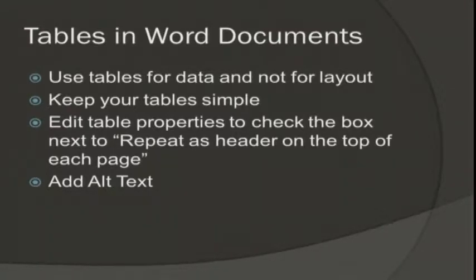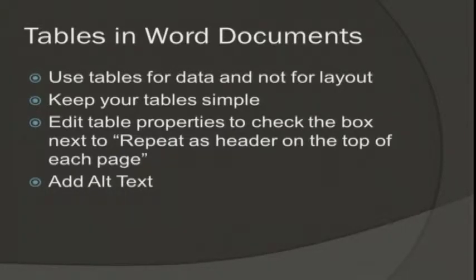The toughest thing is letting a user know what the header, or the row or the column titles are. There's not a good way in Word to do this. If you go into the table properties and check "repeat as header row at the top of each page," this is actually going to let Adobe know that this is where my header information is.